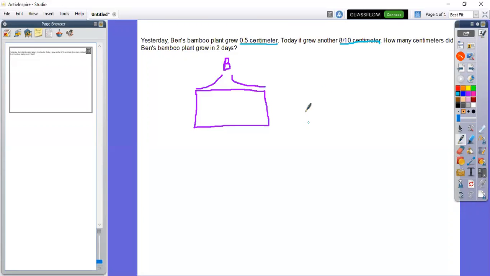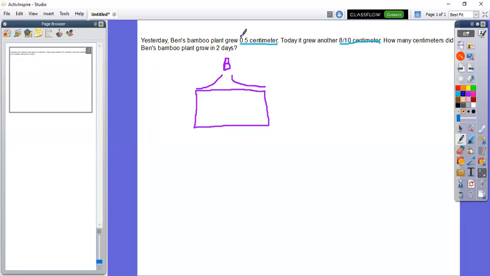Think in your head for a minute and think about how I would show that on my diagram.